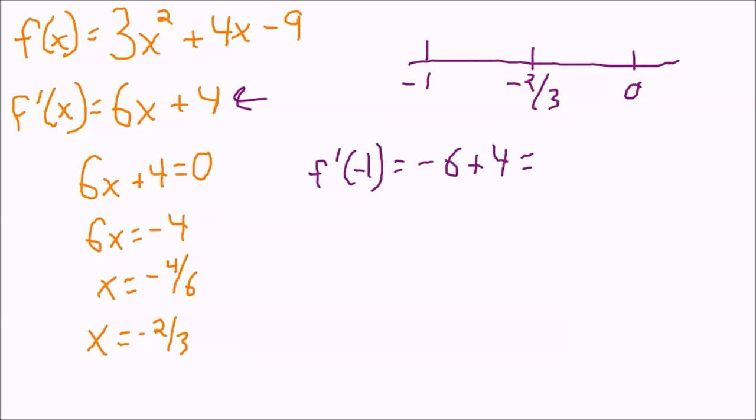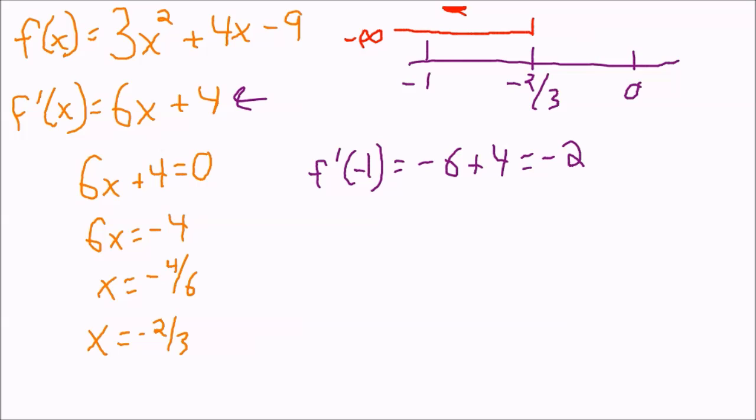That's going to be a negative 2. So I know that on the interval of numbers from negative infinity, which would be like way over here, up to this point right here, negative 2/3, I'm going to be on a negative slope.